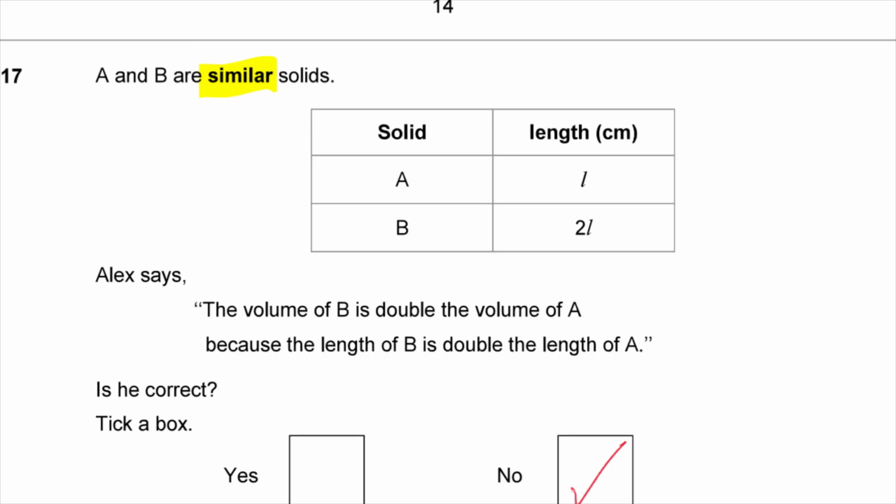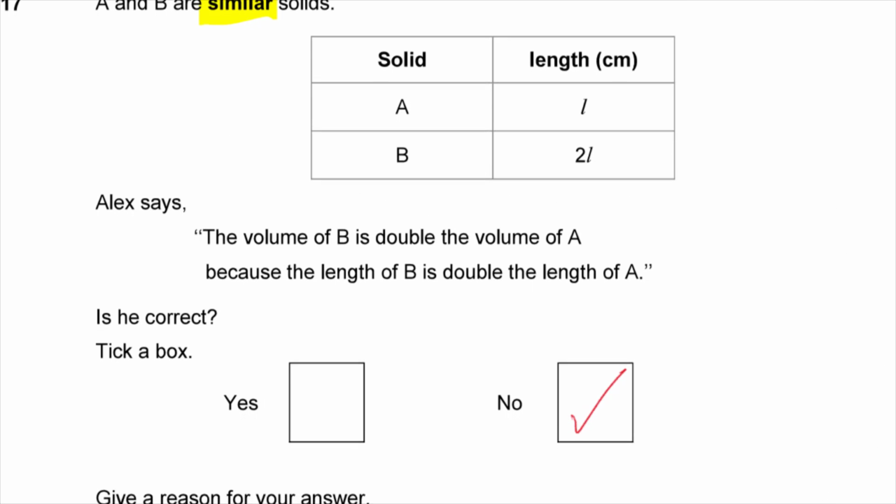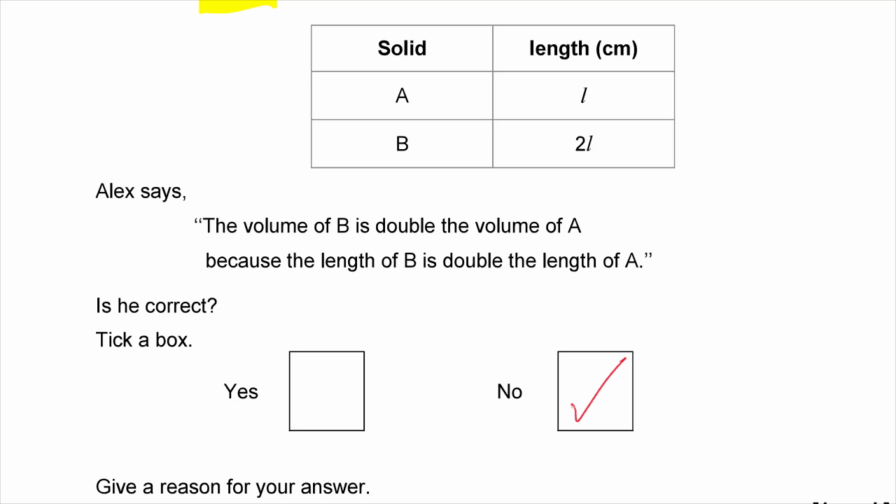So if two shapes are in the ratio of 1 to n in terms of their length. This is 1 to 2, isn't it? These things have got a ratio of 1 to 2 for their lengths. Then for areas of similar shape, that is going to be 1 to 2 squared.